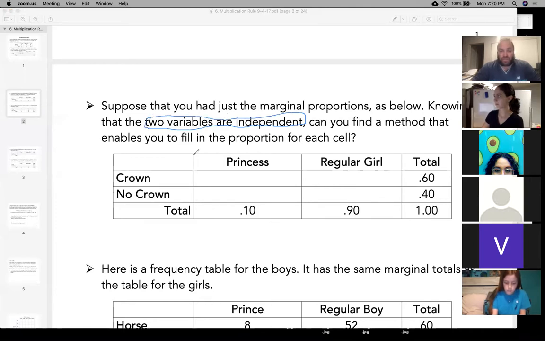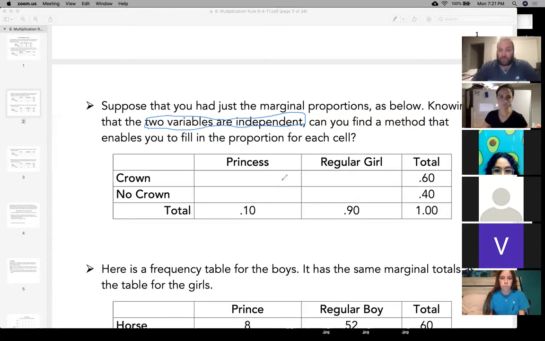The question is, from those two pieces of information alone, can I fill out the table? And the answer is yes, actually you can. If I didn't know they were independent, then any numbers that add up to 0.6 and 0.4 and 0.9 and 0.10 will be fine. But because they're independent, I get something for free.